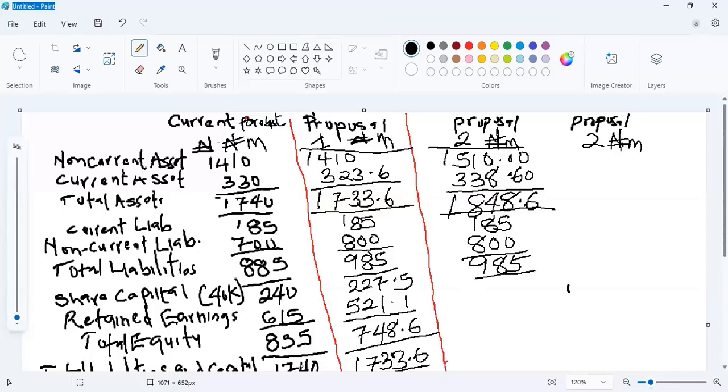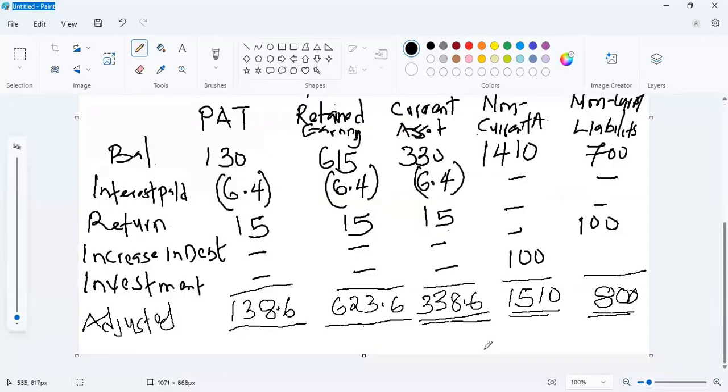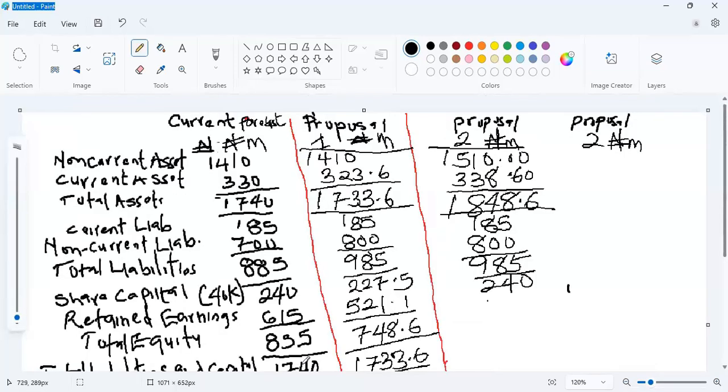Share capital, will this be affected? No. We maintain 240 million. Earnings per share, what is the new earnings per share? Total equity, please sum. We have 863.6.